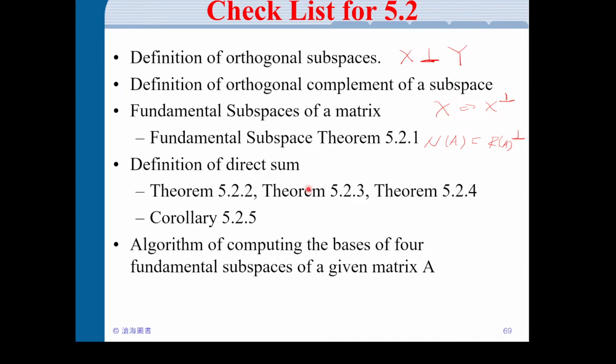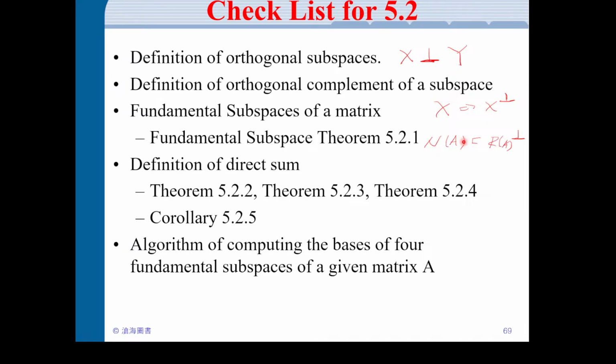Although the logic flow is the other way around, this is basically the extension of the rank nullity theorem. From here, we see the rank nullity theorem actually comes from being orthogonal complements, even though in our proof we go in the other direction. But it's nice to remember that this is related to rank nullity.